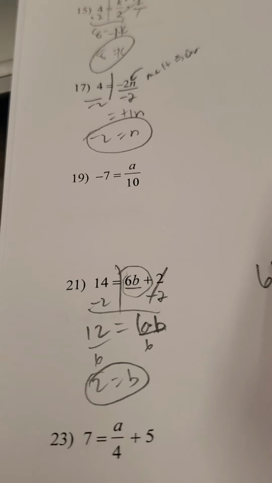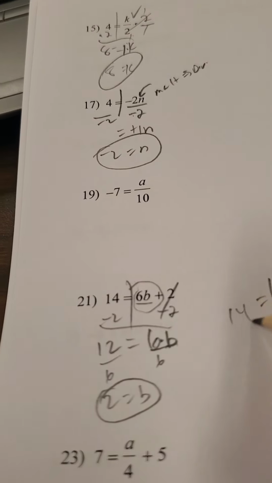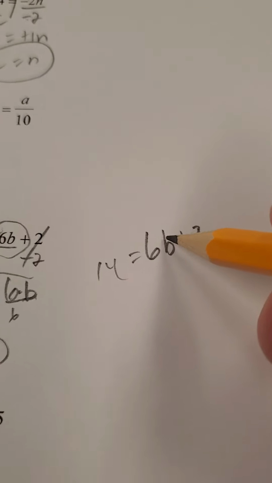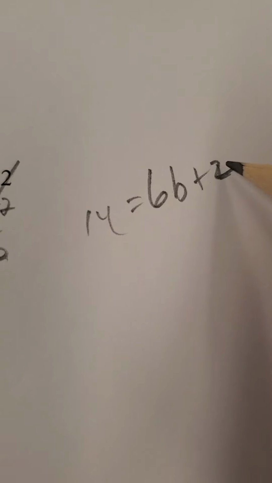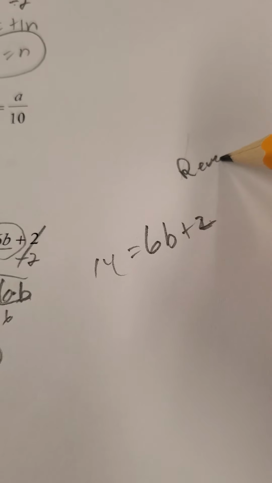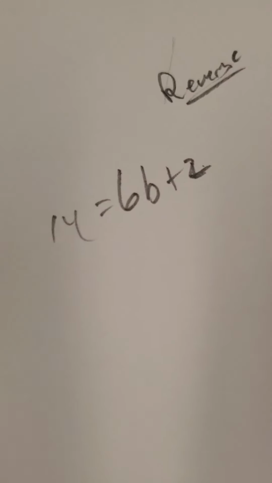Or to look at it another way, if I knew what b was, the first thing you would do in order of operations is multiply by 6 and then add 2. So to solve, you do reverse order of operations.